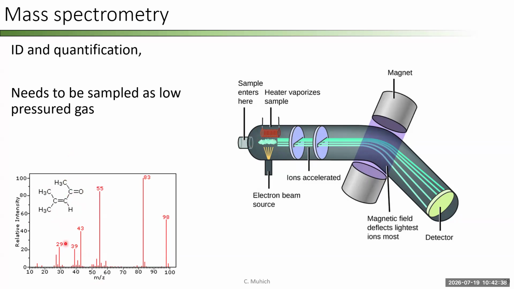So we don't get just a single peak, but we get a variety of peaks that tell us what the mass to charge ratio is. And again, this is going to be unique for each molecule.